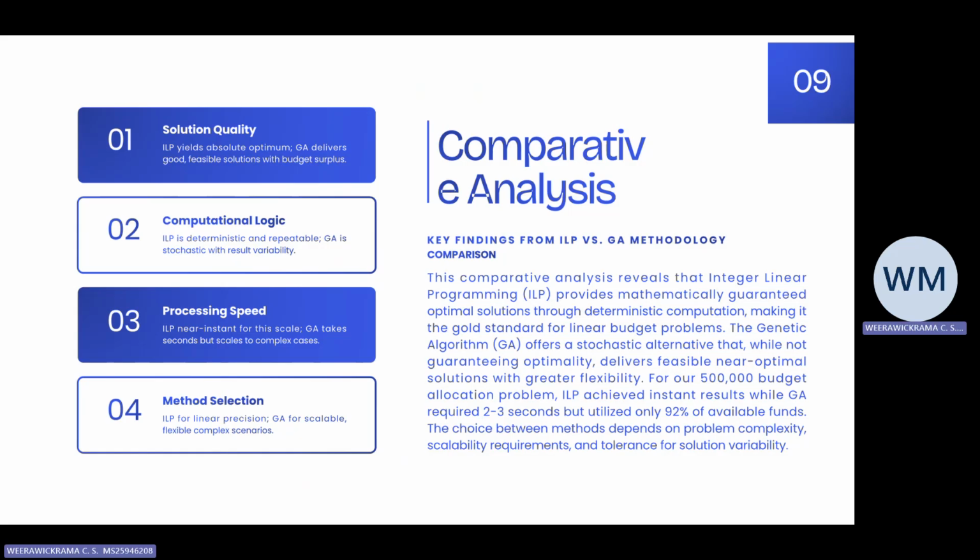And the genetic algorithm behaved more like an evolutionary explorer because it uses a penalty function for overspending. It was more cautious. It found a solution that avoided the budget ceiling by roughly 40,000.